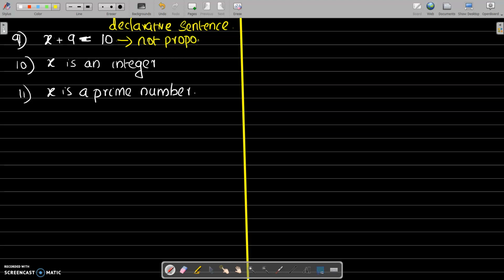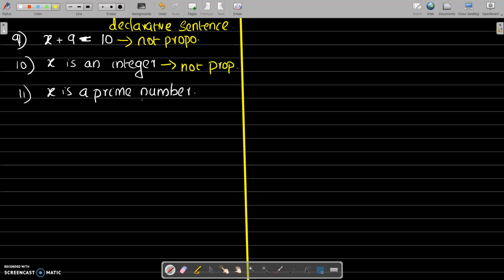Not a proposition. What about this one? x is an integer. We don't know what x is. Without clearly declaring x, we cannot determine the truthness of this sentence. To say whether it is true or false, we have to know what x is. So the statement x is an integer is not a proposition; we cannot say whether it is true or false.